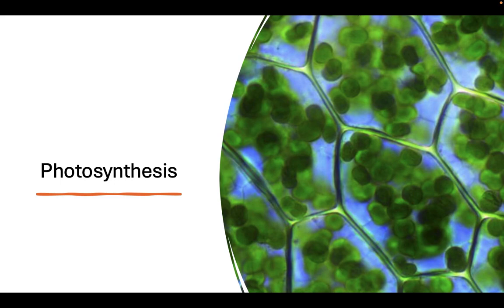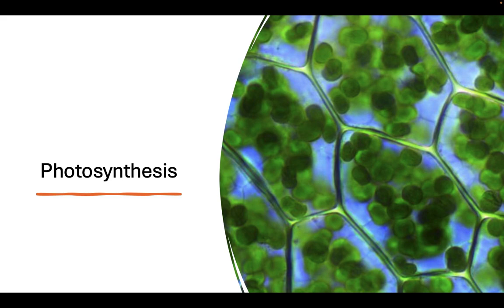In this screencast, we are going to have a look at the process of photosynthesis. On this photograph on the screen, you can see a close up of some plant cells, and in this particular case, they are plant cells of moss, and you might recognize seeing something similar in a core biology practical we did earlier in the year.